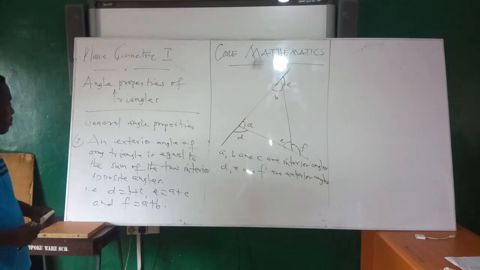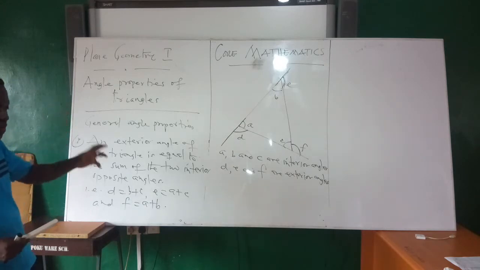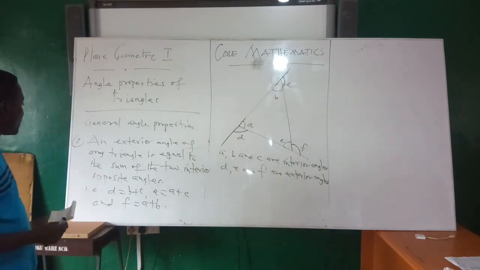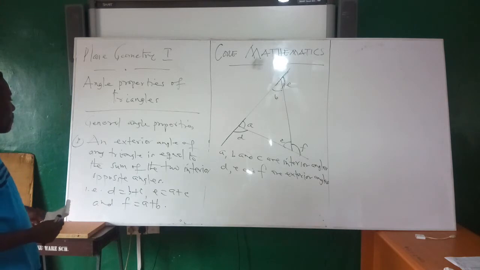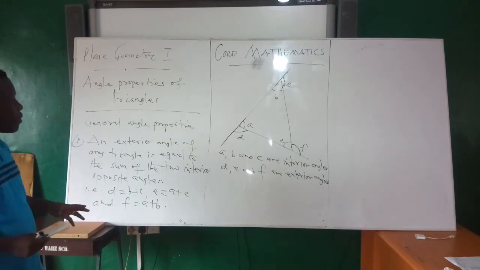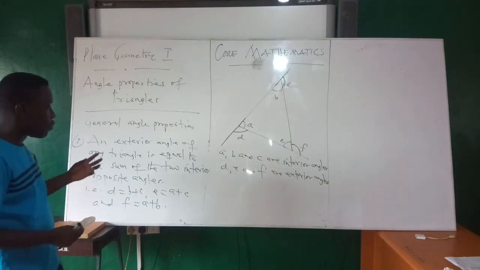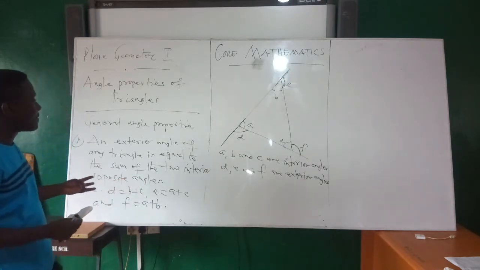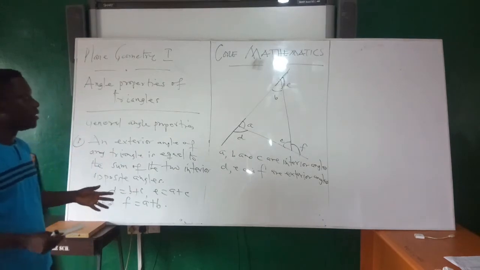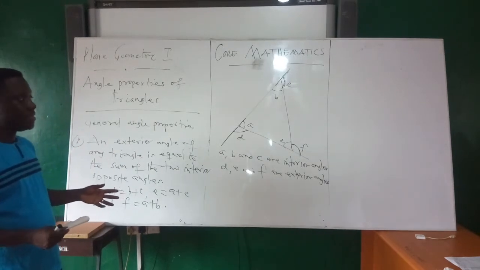That will end what I call the general angle properties of a triangle. Now I'm going to look at the specific angle properties, or what I also sometimes call the special angle properties. In terms of the general angle properties, I've given you three of them. One is that the sum of the interior angles of any triangle is 180 degrees.